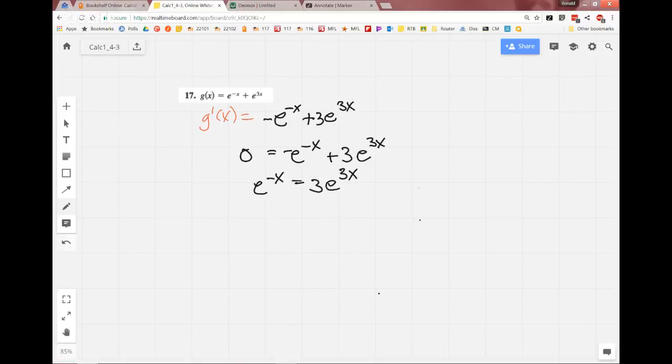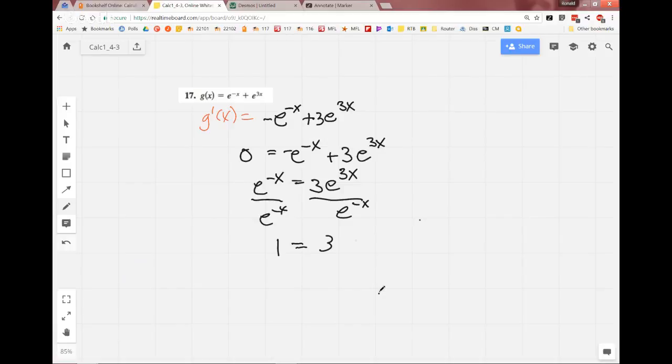There we go. Now, let's divide both sides by e to the -x. So on the left, we're going to get a 1. On the right, what do you do when you divide numbers with the same base?